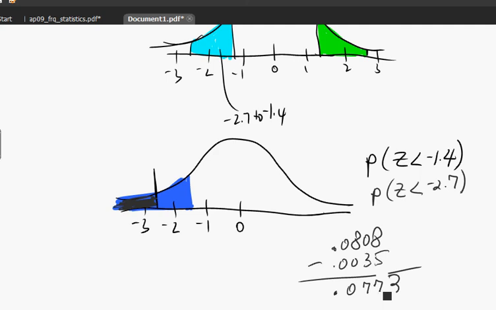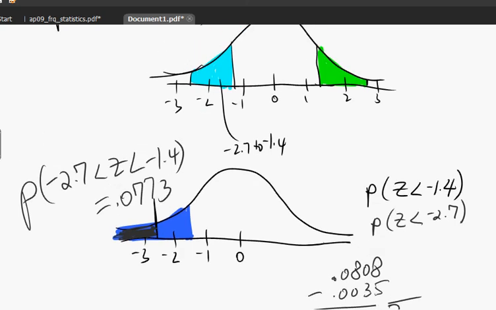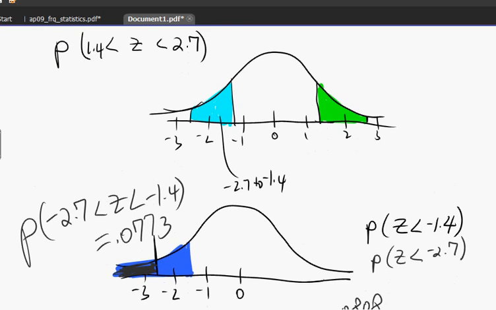Okay, so the proportion of the area between negative 2.7 and negative 1.4 is 0.0773, but that wasn't my question. My question is, what's the proportion of the area from positive 1.4 to positive 2.7?